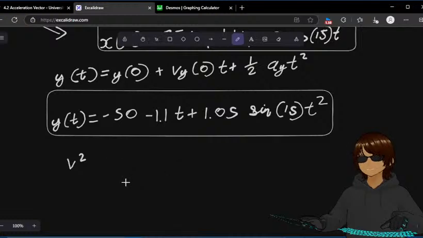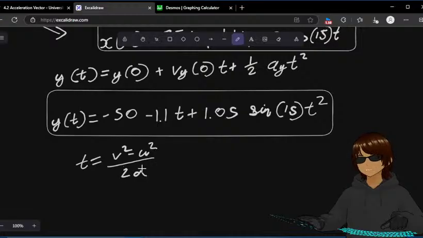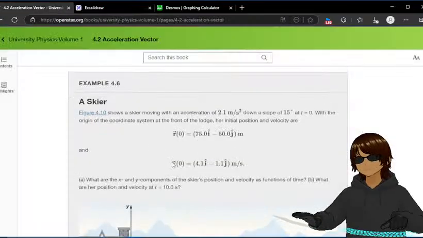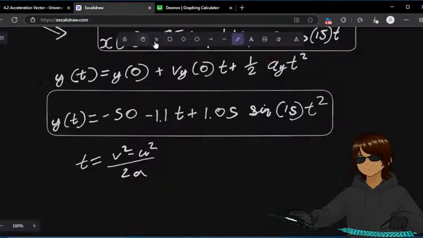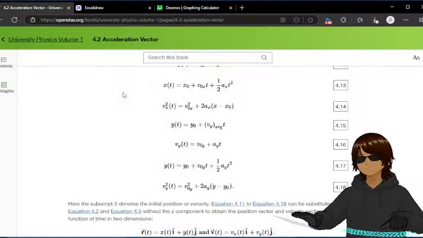Hold on, I think I remember it like this: s is equal to v squared minus u squared over 2a.